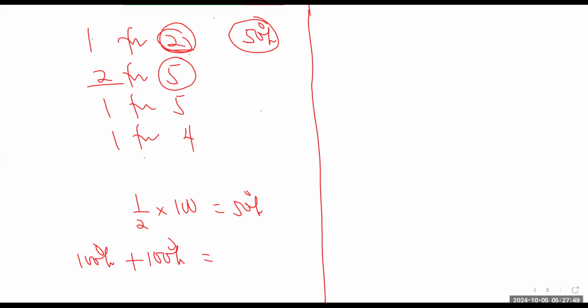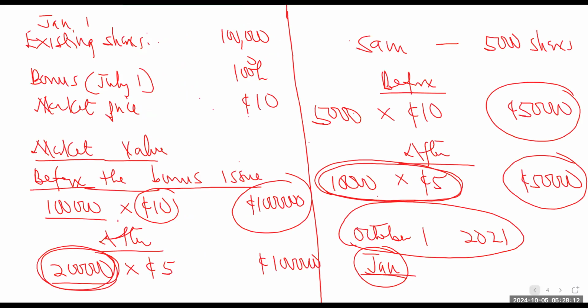It means that our total number of shares will now be 200% of the existing shares, isn't it? So we have 200% of our 100,000 shares. That is the meaning. If you want to find your shares after the bonus issue, it will be 200% of the existing shares that you have over here.